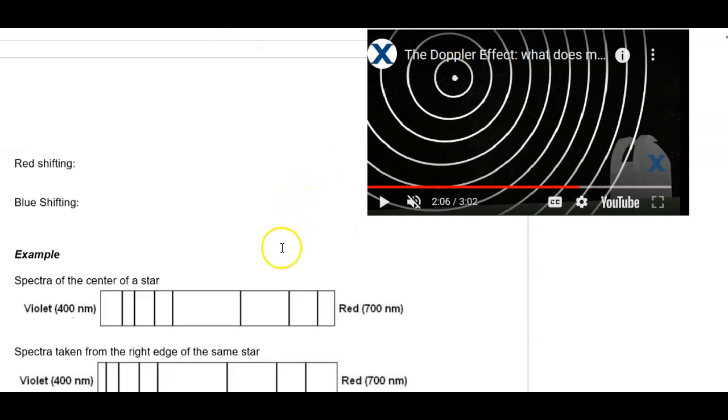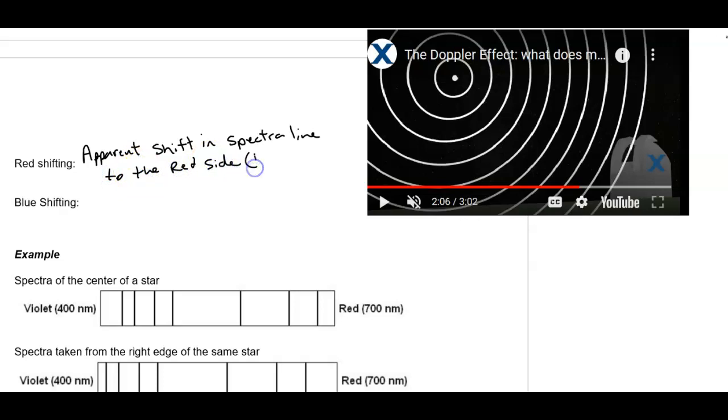And so, red shifting is the apparent movement or the apparent shift in spectral lines to the red side. That red side is longer, and so we conclude that it is moving away.